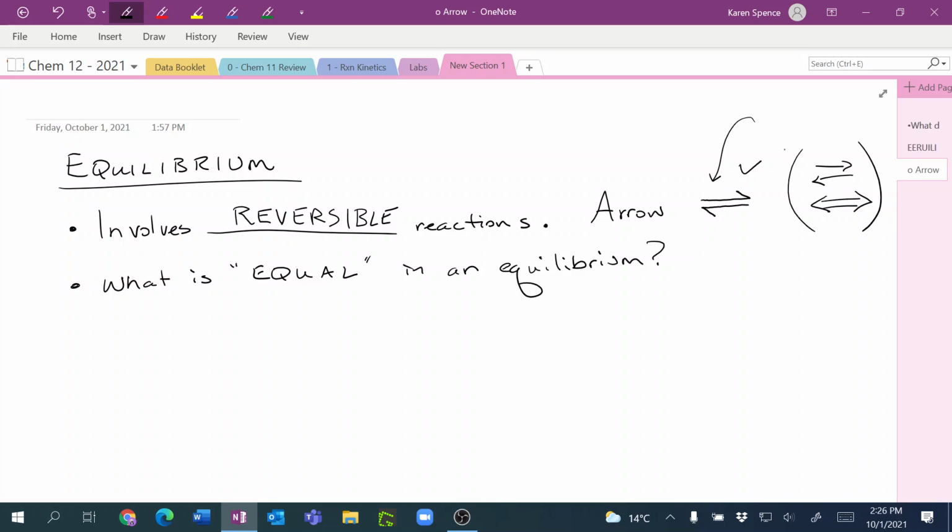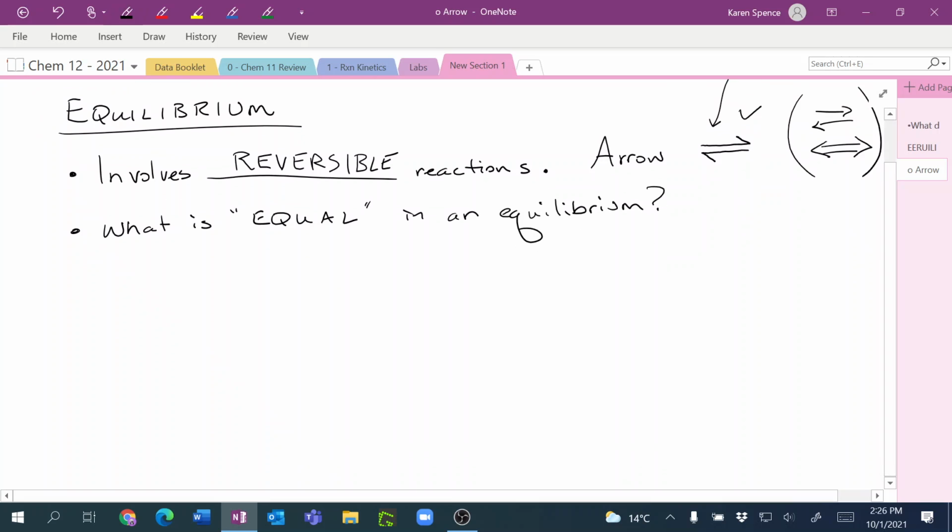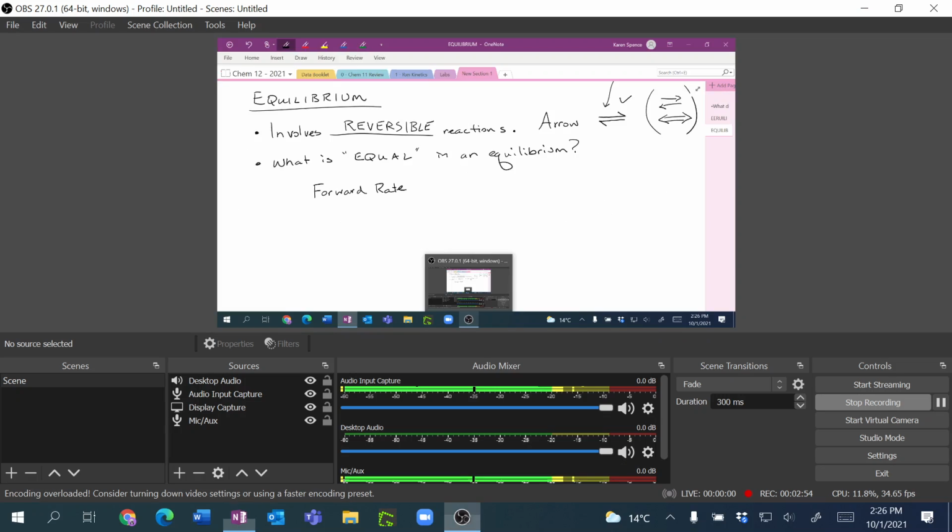What is equal in an equilibrium? The forward rate and the reverse rate. So the forward rate, let me make sure I'm recording.